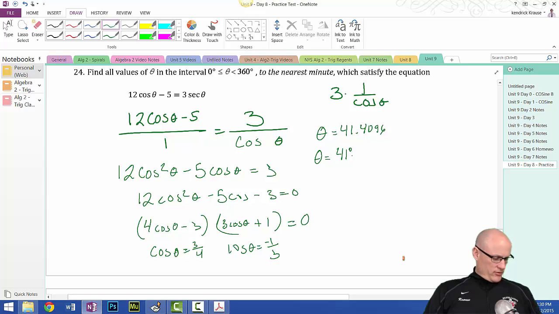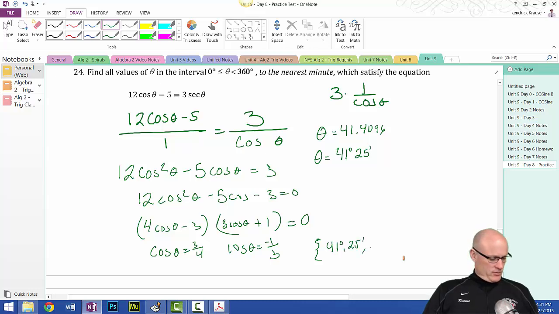Oh, I rounded to the nearest second, so that's going to be 25. Why did I do that? They should be rounded to the nearest minute. So 2 of my answers are going to be 41 degrees, 25 minutes.